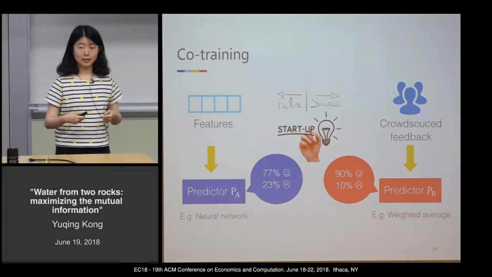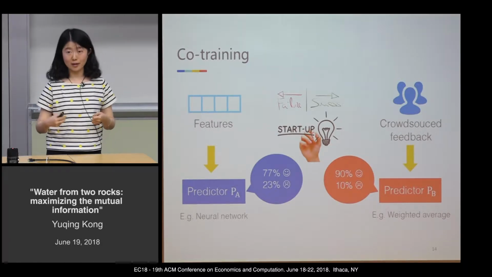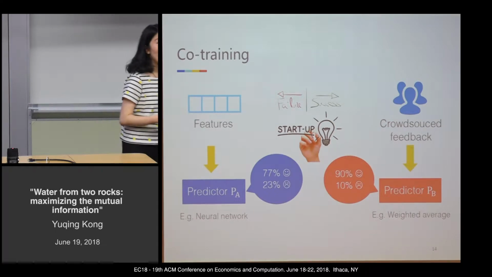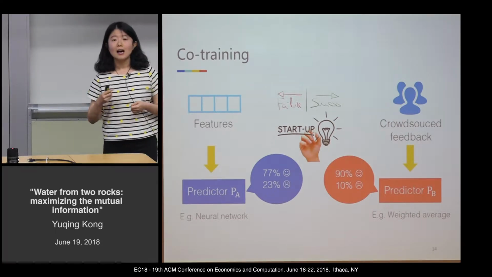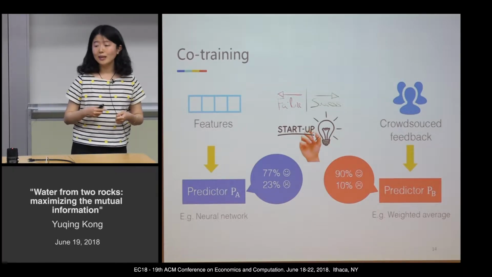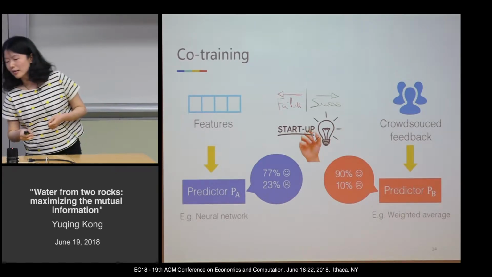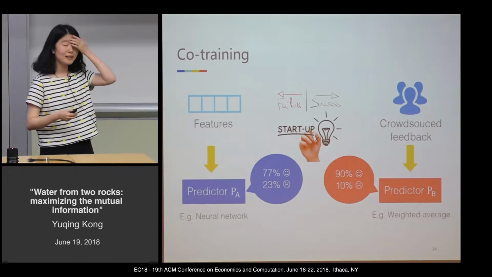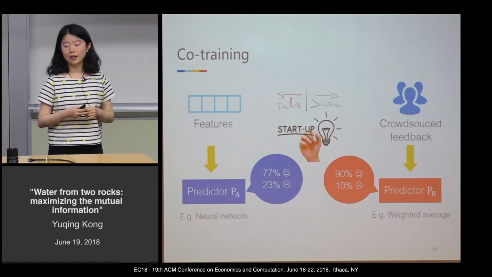And we have two predictors. You can also think of them as two hypotheses. The predictor PA takes the feature as input and outputs the probability forecasting whether the startup will succeed or not. And the predictor PB takes the cross-source feedback as the input and also outputs the probability the startup will succeed or not.